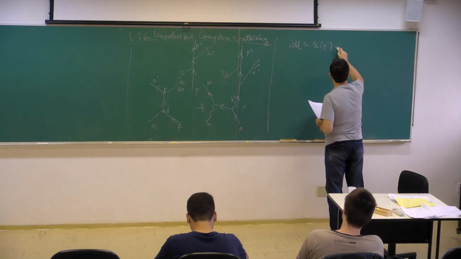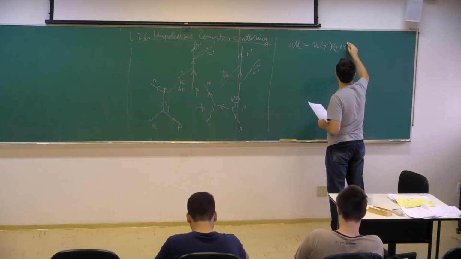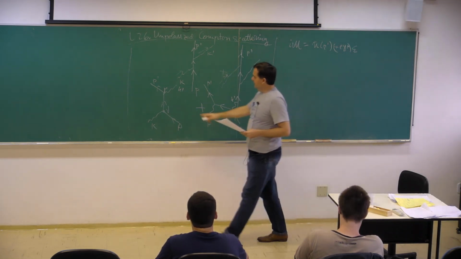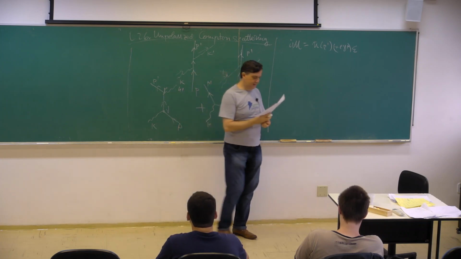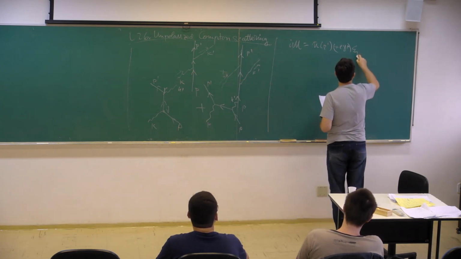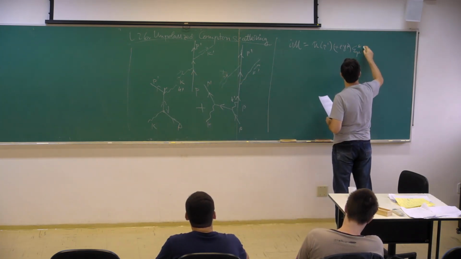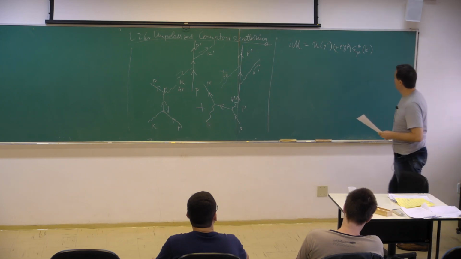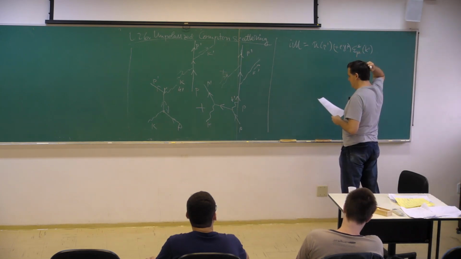So then plus e gamma mu. And then this is a photon being emitted, so we must add the photon polarization for emission. The photon polarization being epsilon mu star of momentum k prime, star because it's being emitted.